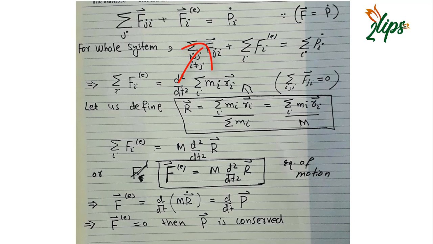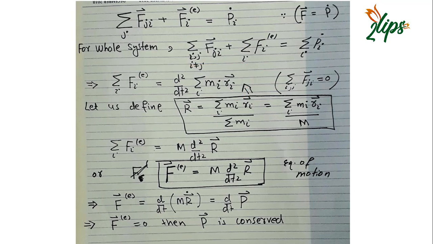Since it is a vector, all those terms will vanish. So we are left with only these two terms. On the left we have the total external forces acting on each and every particle, and on the right side we have only the momentum of each and every particle summed up.